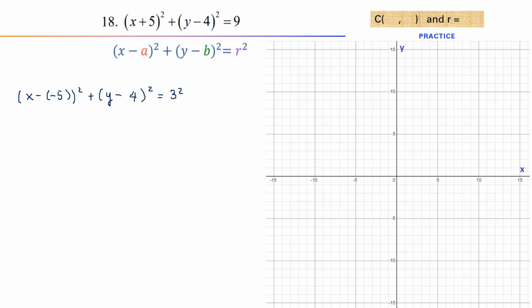Now we have the center is (negative 5, 4). The radius is 3. So negative 5 here, go up 4 units. Hit our center, and then 3 units around that center will be the circle.